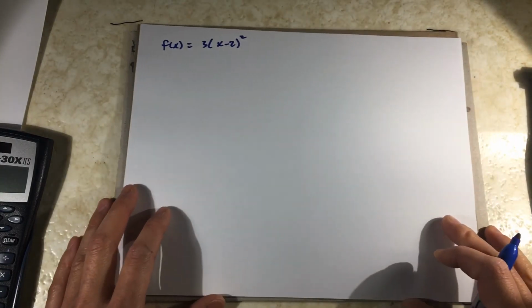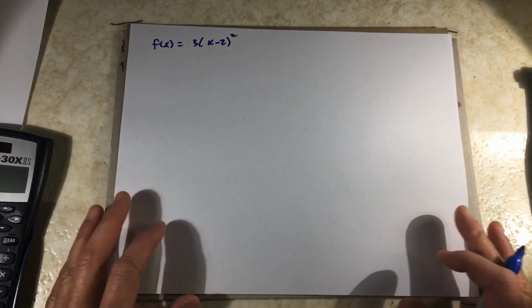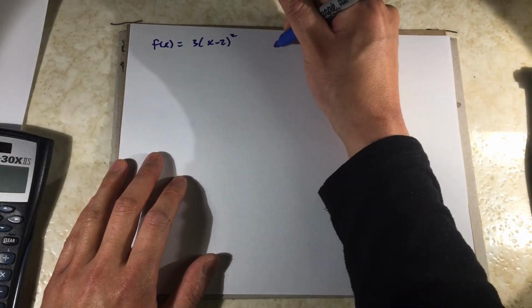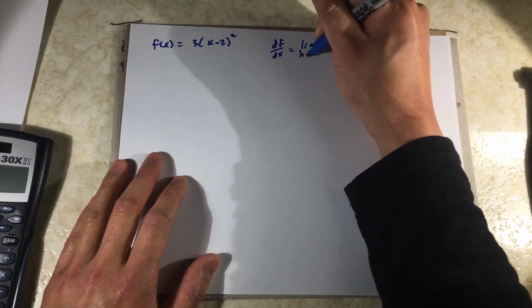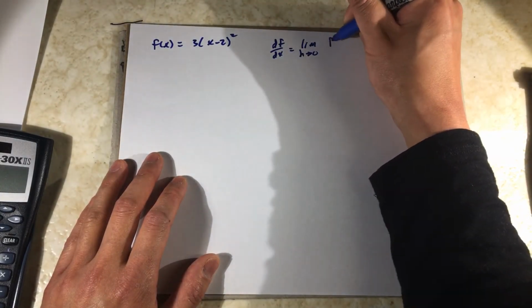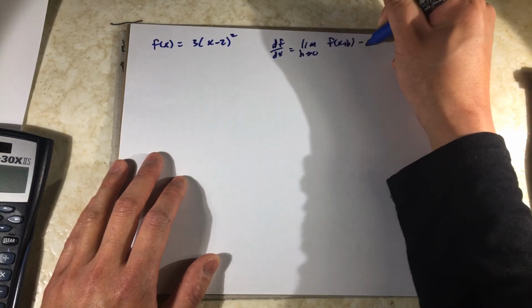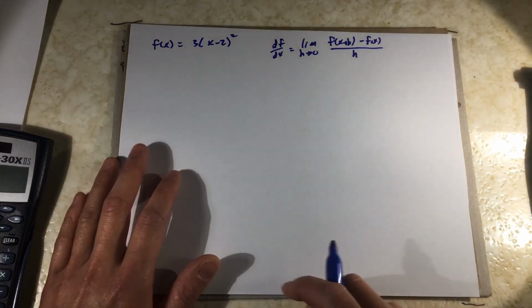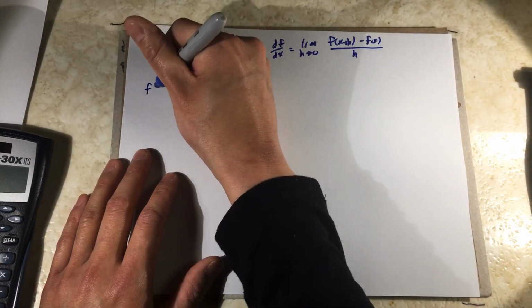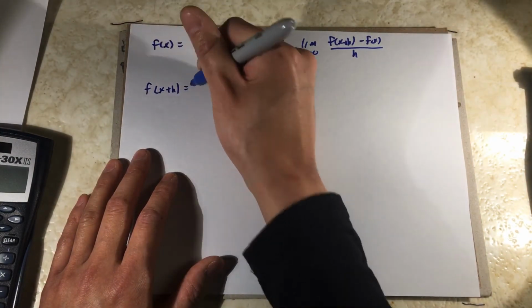All right, so this is where the algebra is a little bit more difficult, but it's the same procedure. We're looking for df dx, which is the limit as h approaches 0 of f of x plus h minus f of x over h. All right, so the first thing we want to figure out is f of x plus h, the composition.